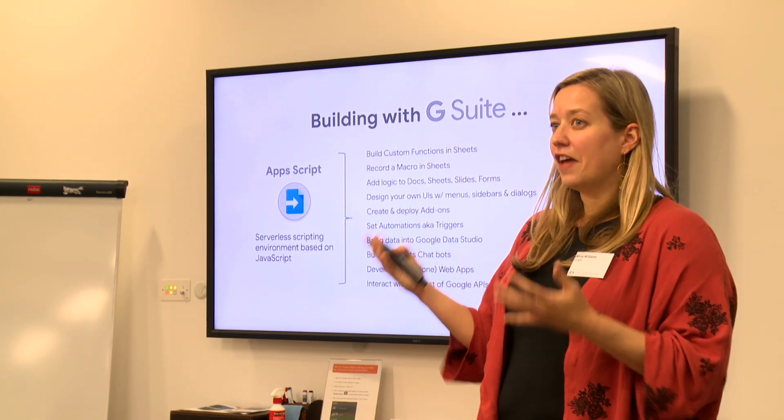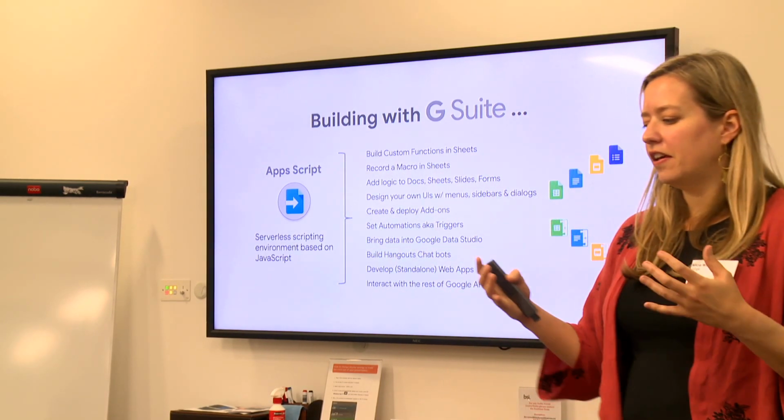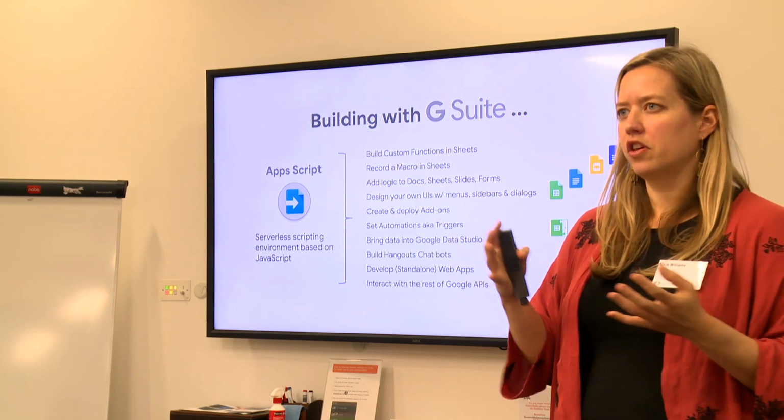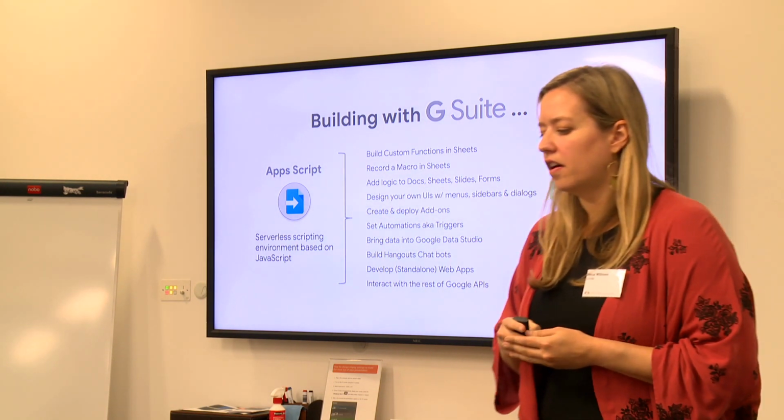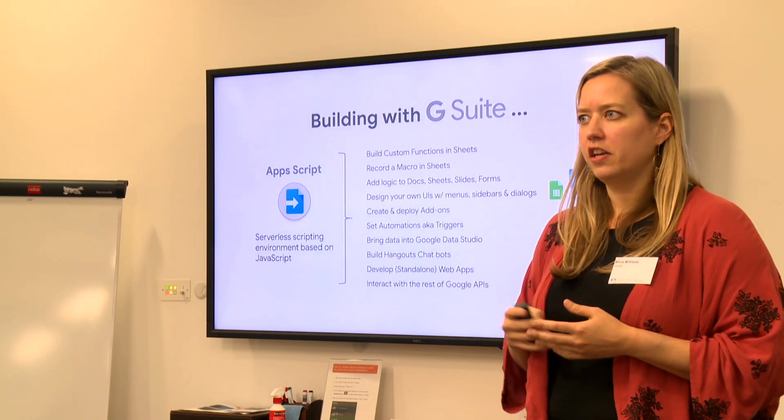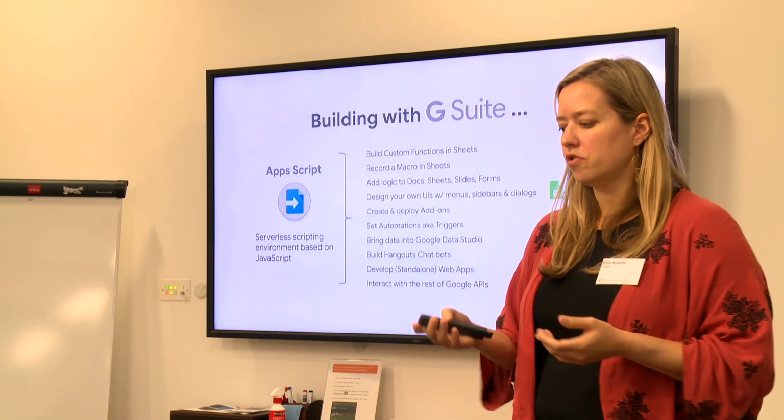I really love AppScript. It's really good for the customization and extensibility side of G Suite. So you can add in new features and functionality that doesn't already exist in your G Suite environment.